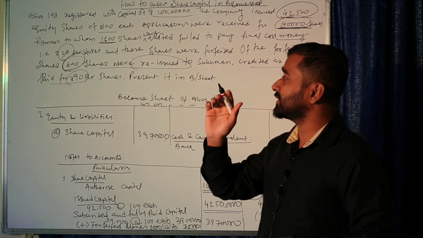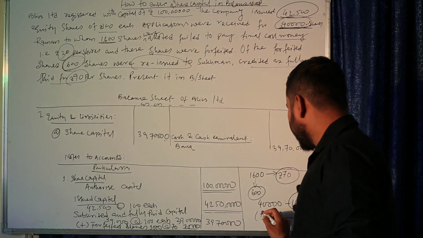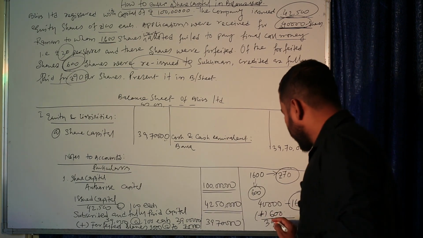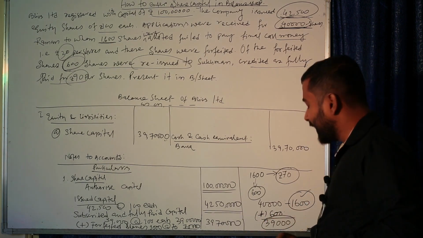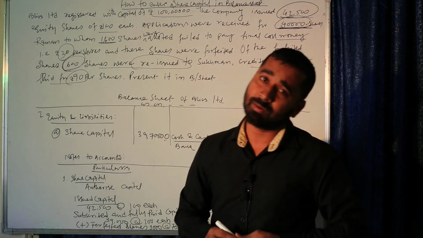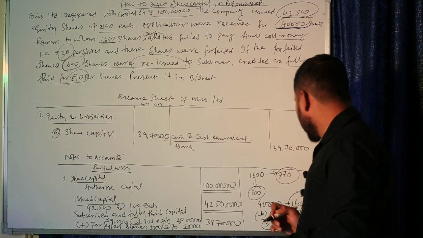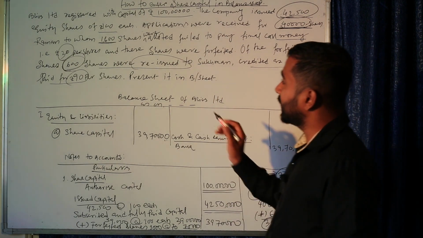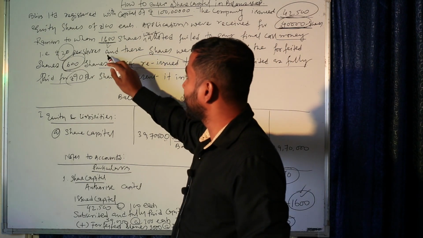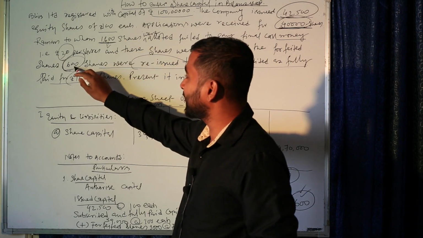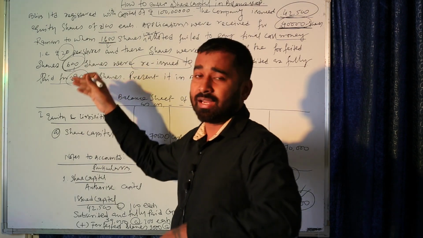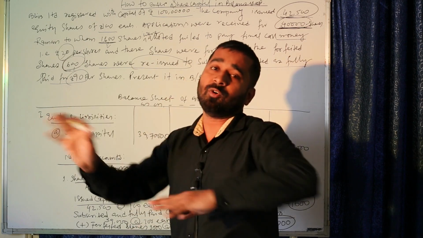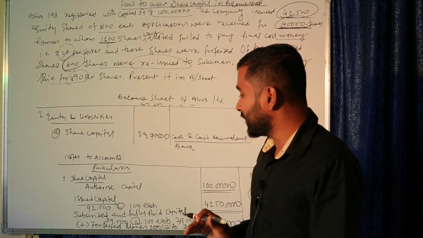So 600 are added back. So 40,000 minus 1,600 plus 600 gives 39,000 shares fully subscribed by the public. And 1,000 shares are still in forfeited, because out of the 1,600 forfeited shares only 600 were reissued. The reissued part is added back to the subscribed capital, but 1,000 are still in the forfeited account. So let's see how to deal with that.